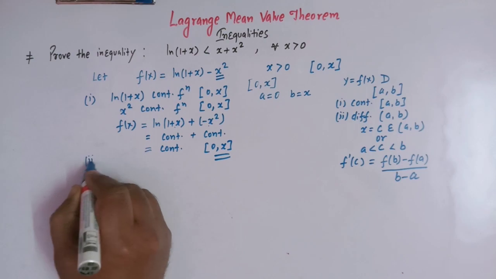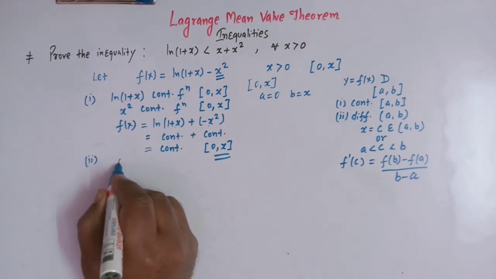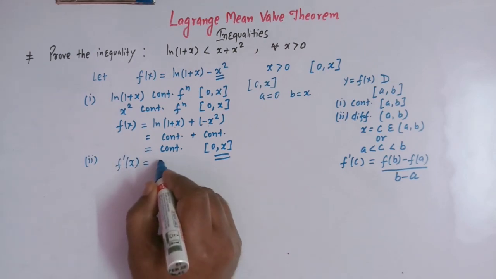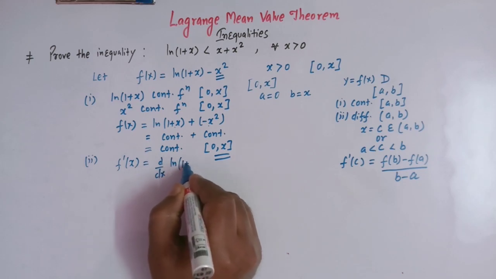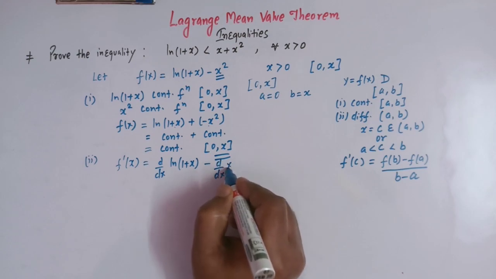Now let us find out the derivative of f of x, right? So the derivative of f of x is f prime of x. So we have d by dx of log of 1 plus x, and here we have d by dx of x square.